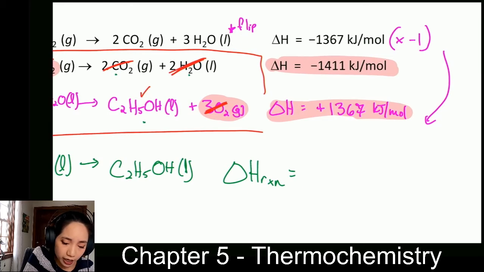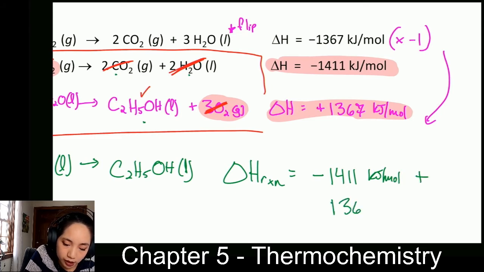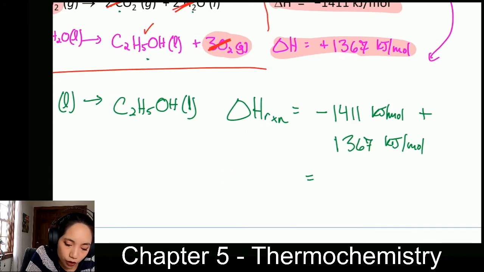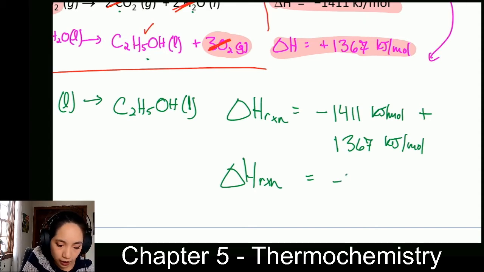So delta H of this reaction is equal to negative 1,411 kilojoules per mole plus positive 1,367 kilojoules per mole. And so the overall delta H of this reaction is equal to, I have it here, negative 44 kilojoules per mole.